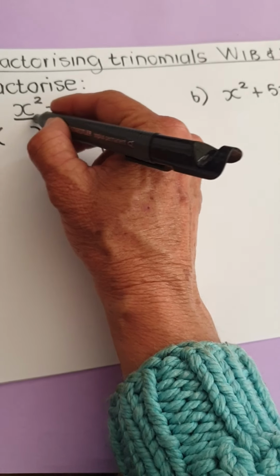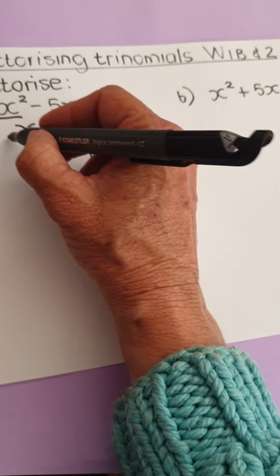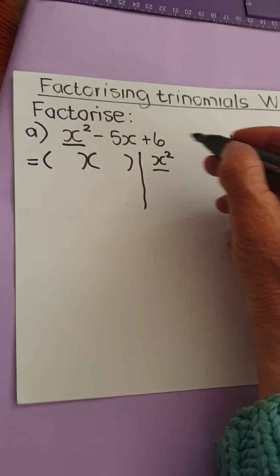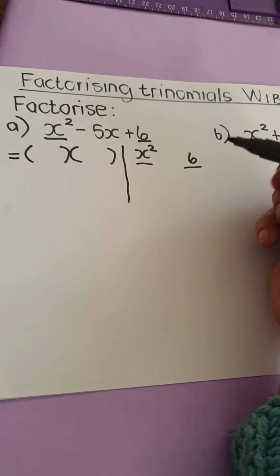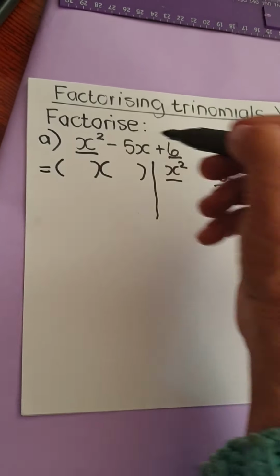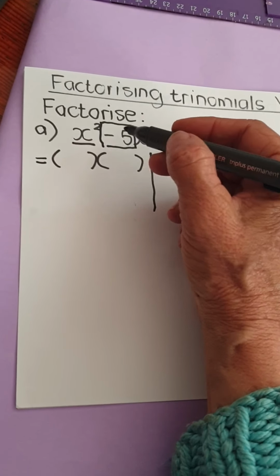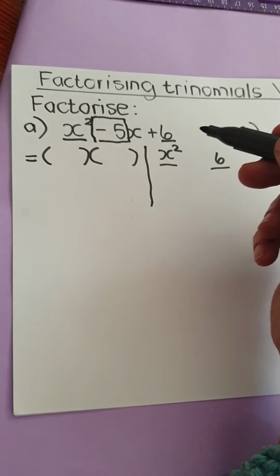I use the first term, x squared, to get the first term in my brackets, and I'm going to use 6, the last term. The difference is that if I add the factors of the last term, I must get a negative coefficient in the middle. This is very important, and that's where you make most mistakes.